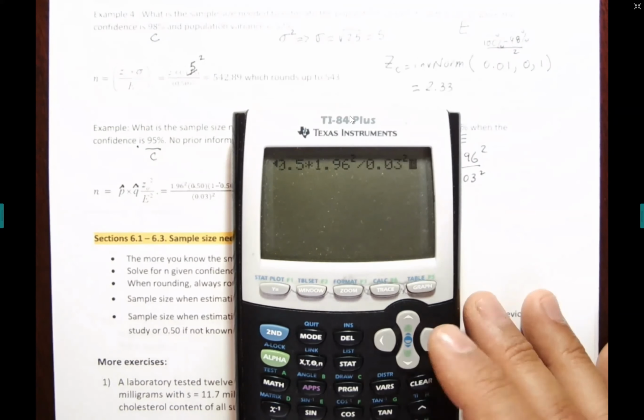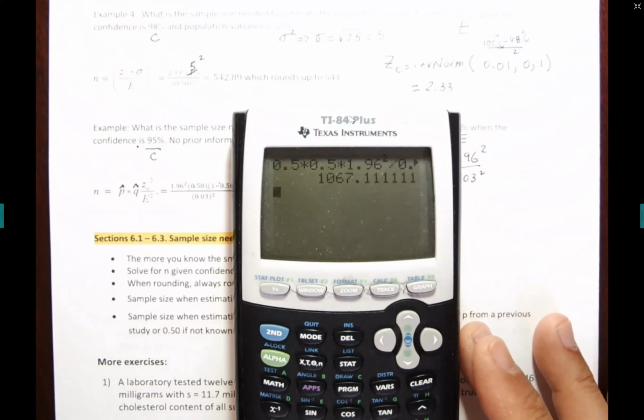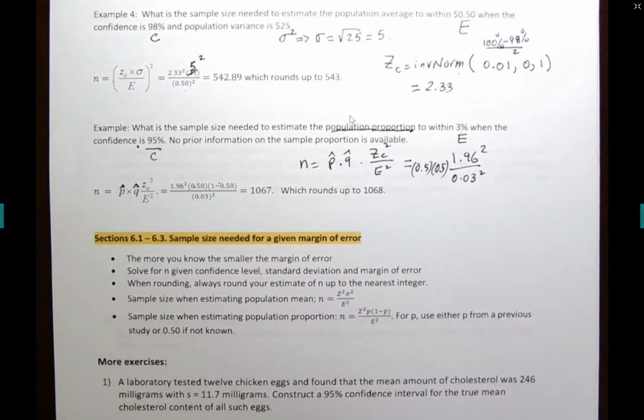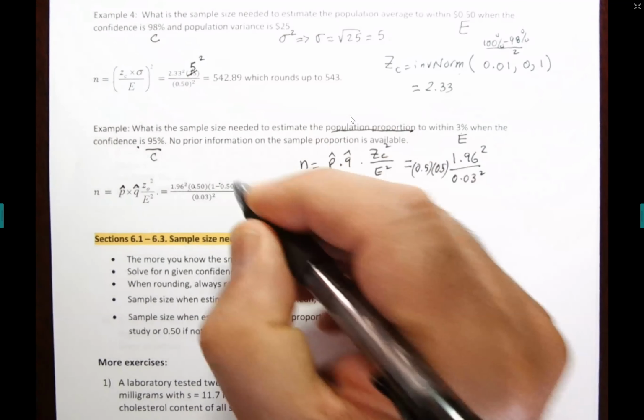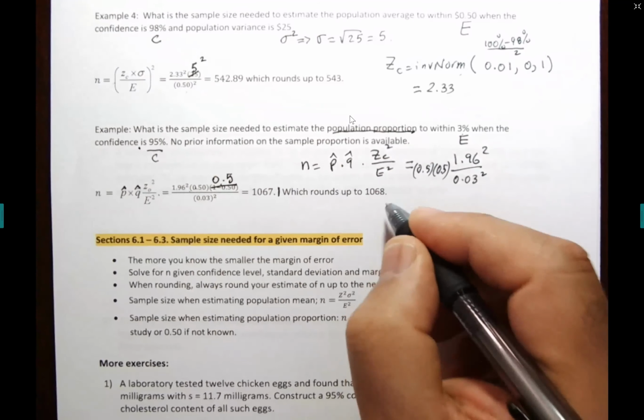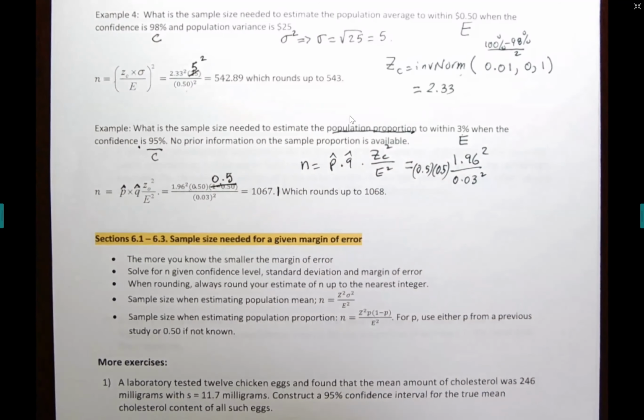So let me see what the answer is. Oh, 1067.11. You have to round it up. It would be 1068. So I missed the one here. And this is 0.5. So it rounds up to 1068.